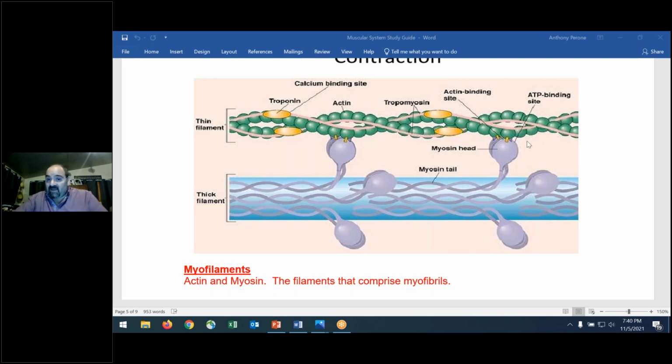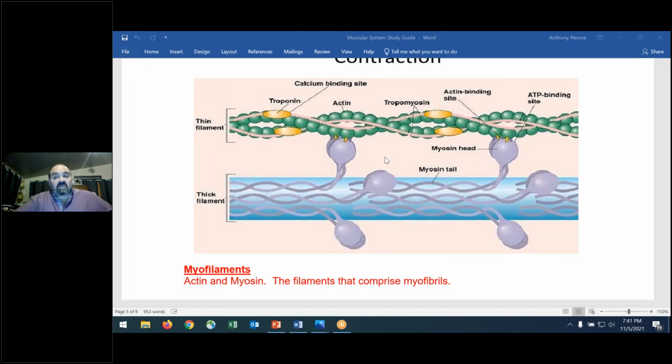In this image, it's not blocking the myosin binding sites on actin, because you'll see here that there's a connection between the myosin heads and actin. But if this line were blocking, then there would be no way that myosin could connect with actin.